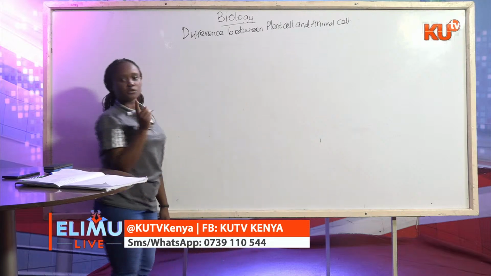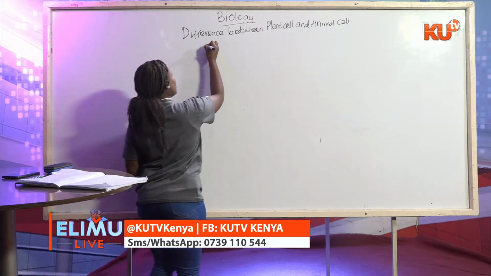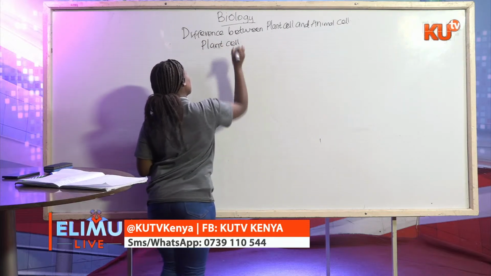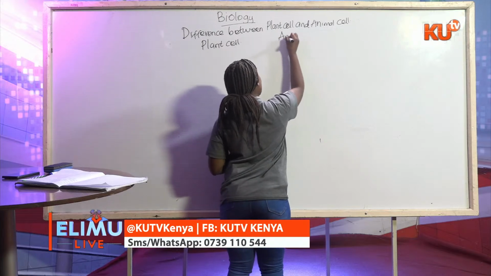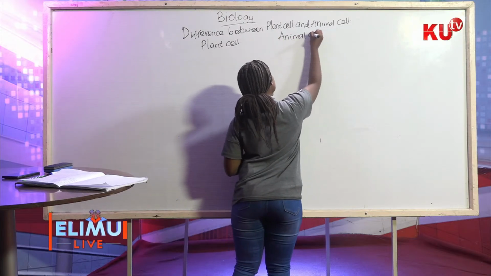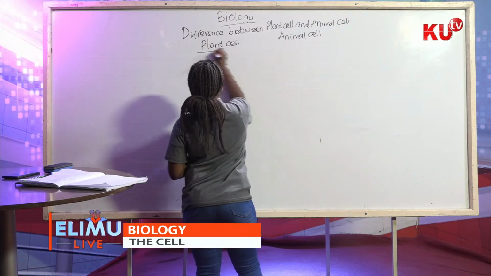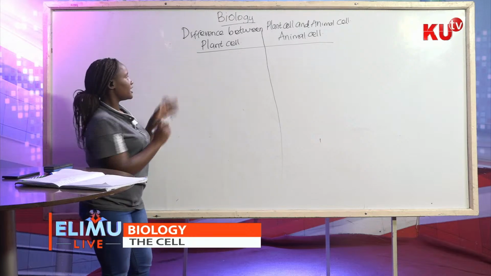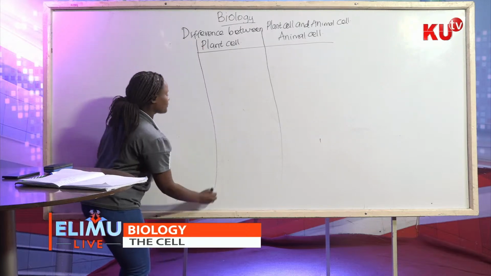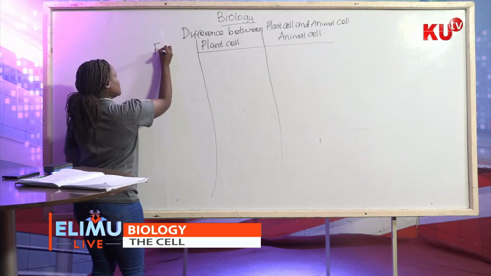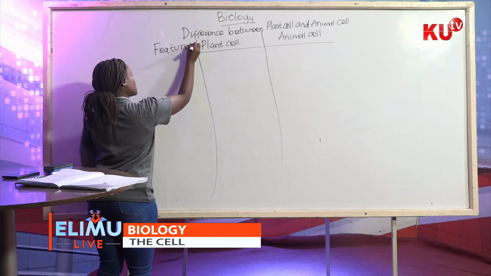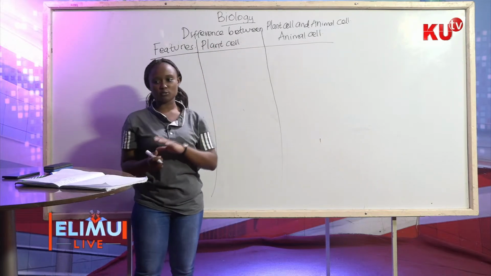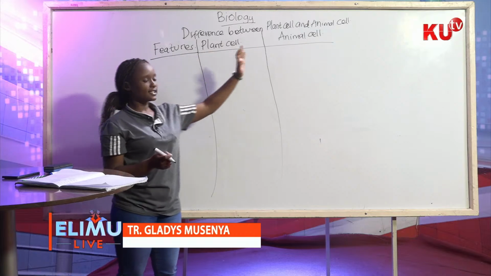So we draw a table. We have the plant cell, and then we have animal cell. We draw our table that way, and then here we add the features.